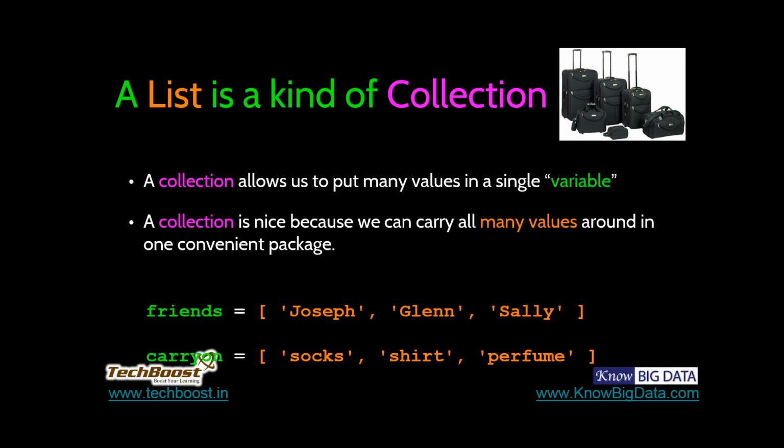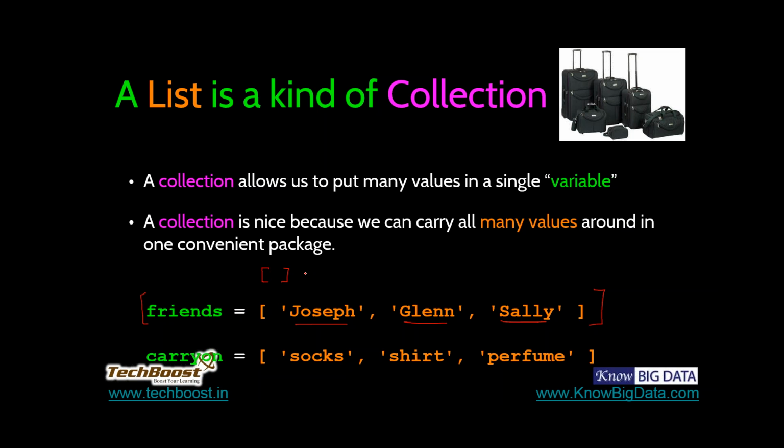Like in the example shown below in the slide, friends is a collection of three strings. These are nothing but names of three friends. All right, and list is represented or defined using square brackets. So whatever you put inside these square brackets becomes a list.